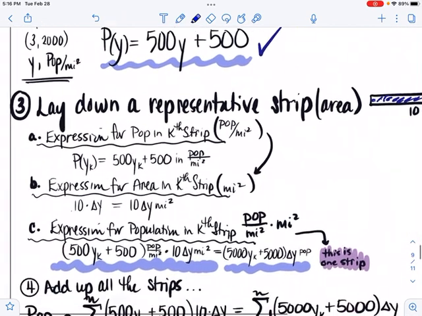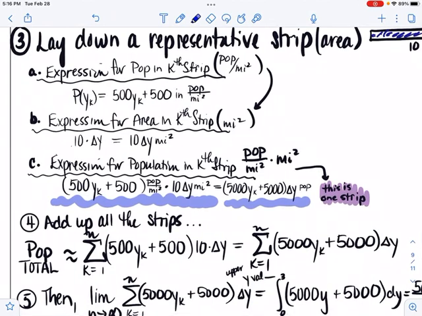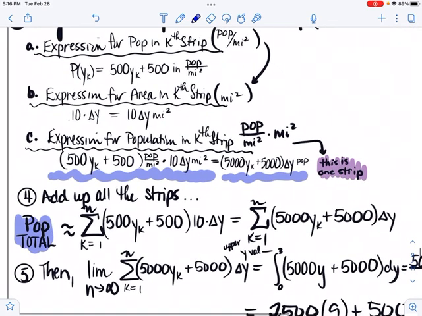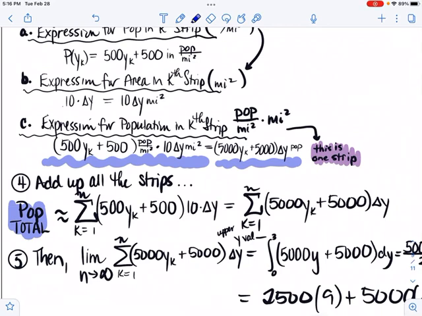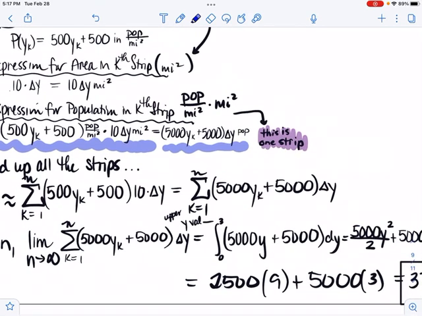So we put that all together. The total population is approximately equal to the Riemann sum from k equals 1 to n of 500 y sub k plus 500, times 10 delta y. And all I did in the next step was distribute here. Then I take the limit of that Riemann sum, and I say it's equal to the integral from 0 to 3 of that linear relationship, 5,000y plus 5,000, dy.